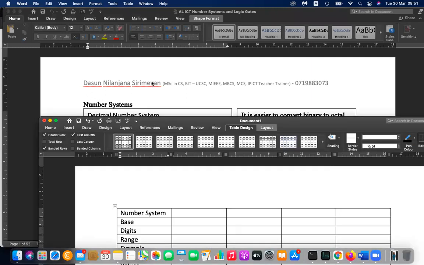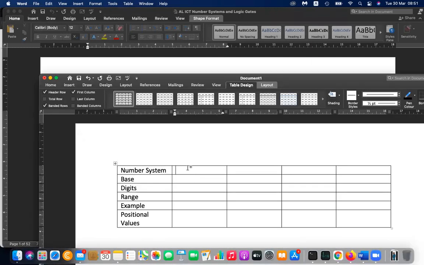That's all. Number system, you can say decimal, so base is 10. Number system binary, and base is 2.